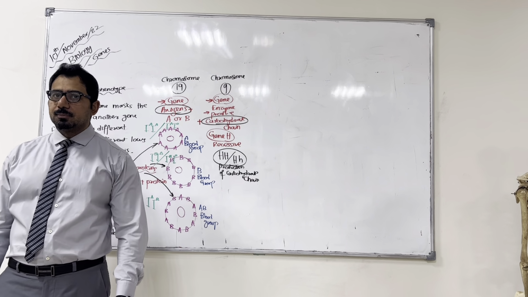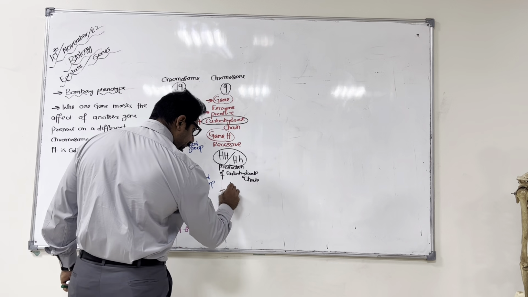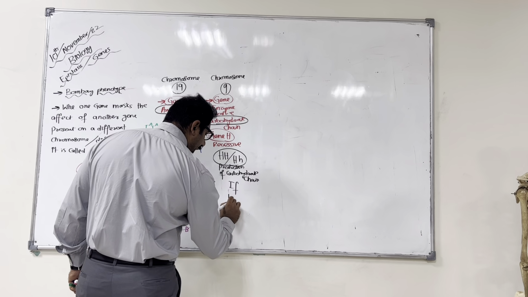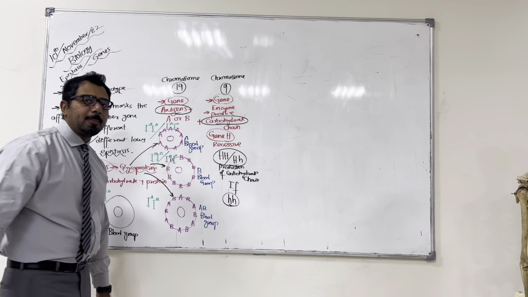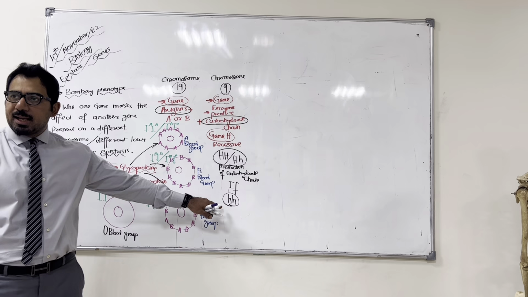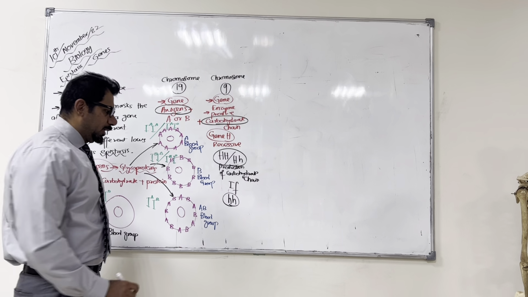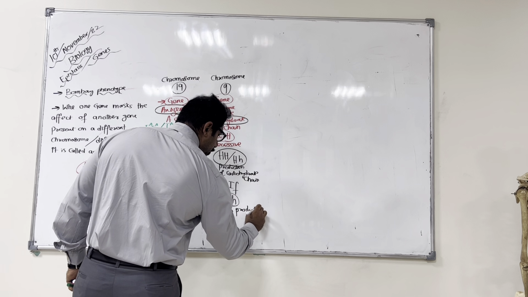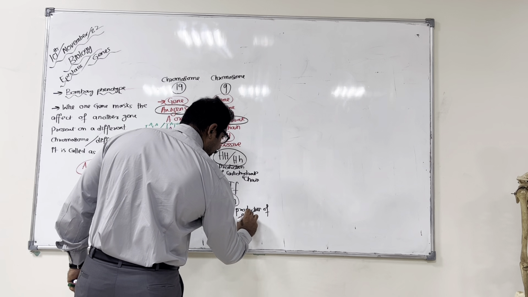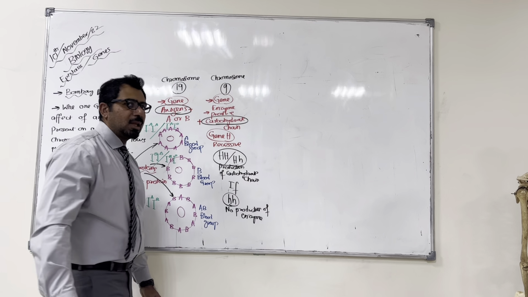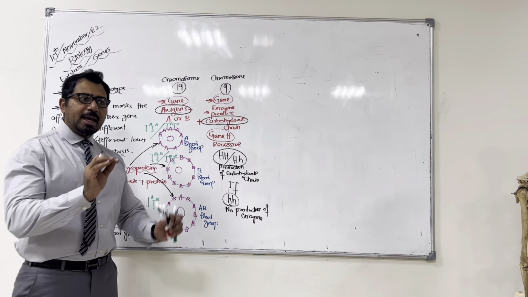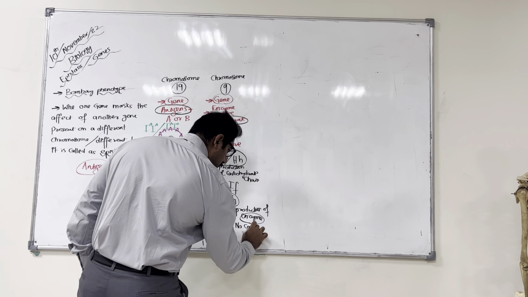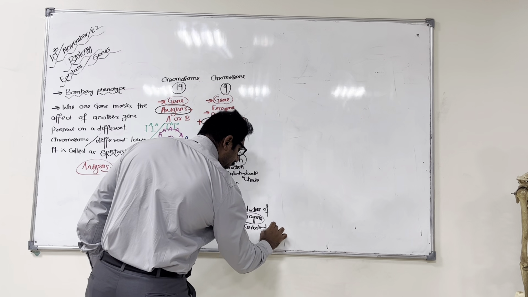Well done. But if this gene H is homozygous recessive like this, now what will happen? No production of enzyme. Enzyme will not be produced. When the enzyme is not produced, then what will happen? No carbohydrate chain.